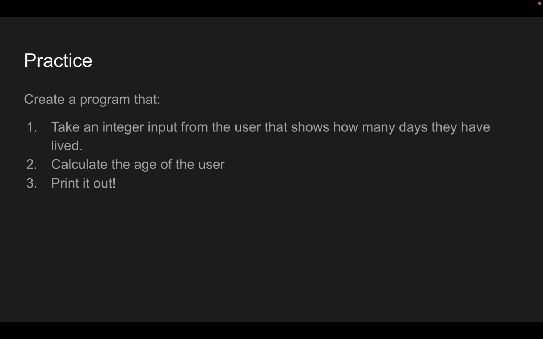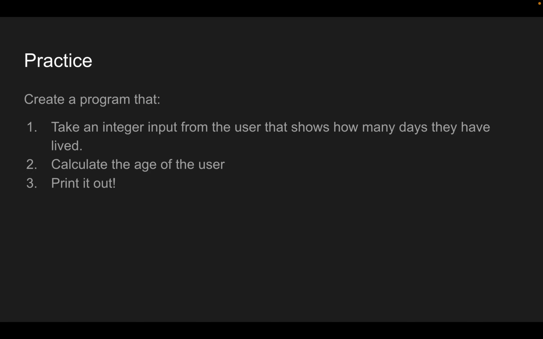So I want you to create a program that takes an integer input from a user, and that integer input is going to tell the program how many days they have lived. I want you to calculate the age of the user and print it out. So for example, if the user types 365, you should say, oh, you are 1 year old.